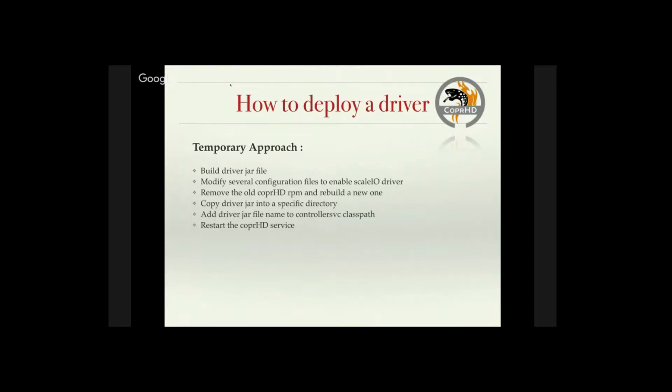And then we need to build our jar file, modify several configuration files in order to enable the new driver. Then remove the old RPM, rebuild the RPM, and copy the jar file into the specific directory. Then add the jar file name to the class path, and bring down the whole service.